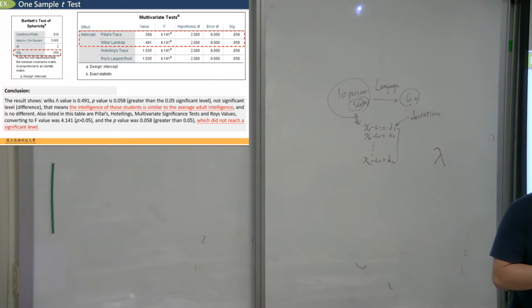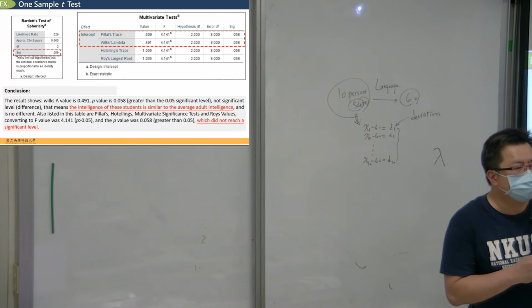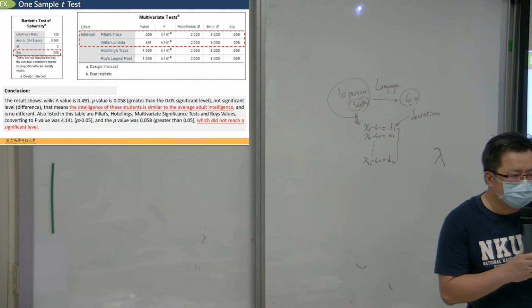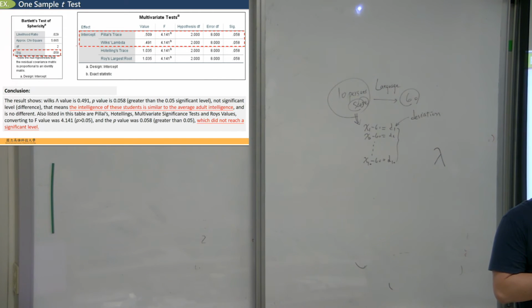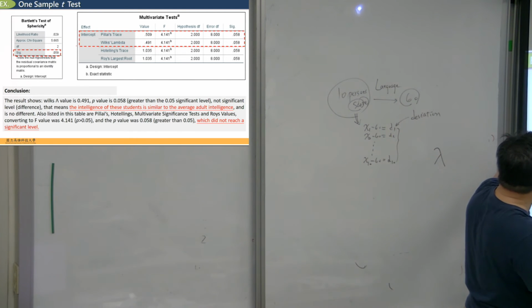The reviewer will suggest you delete some. You just use one to represent. But usually we use Wilks' lambda, okay? Because Wilks' lambda value is more representative.